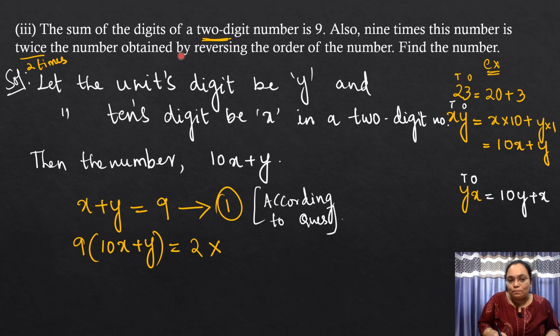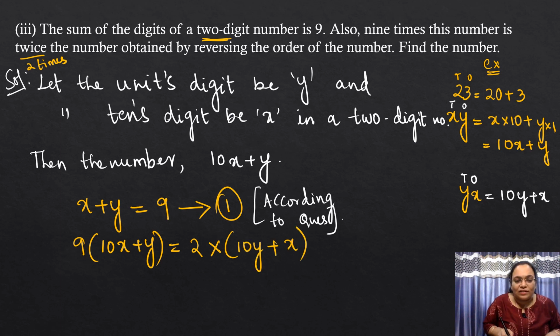What is the number that we have got after reversing the order, which is 10y plus x? Write it here. 10y plus x. Now, solve this.